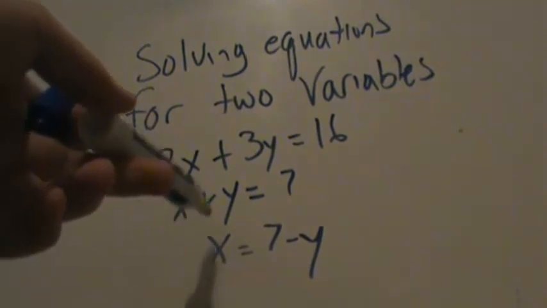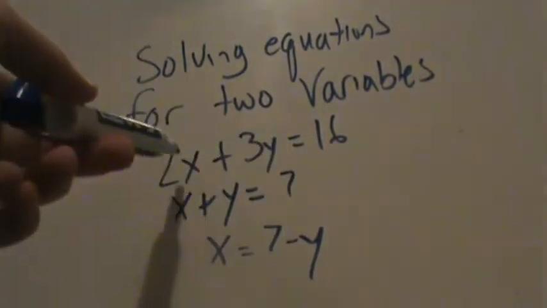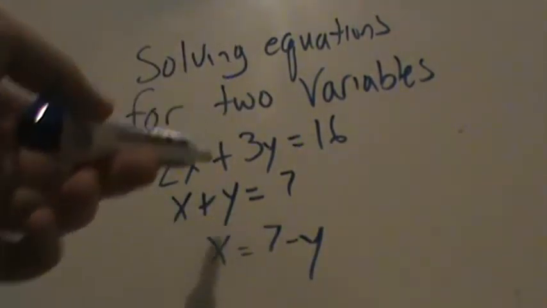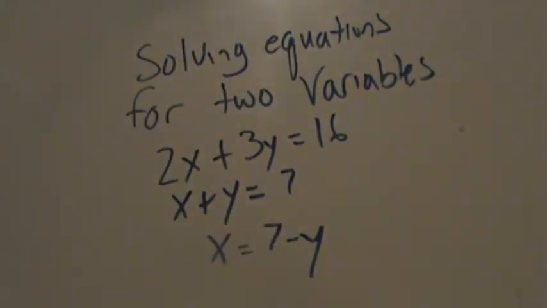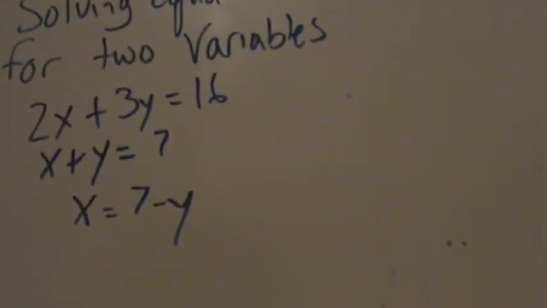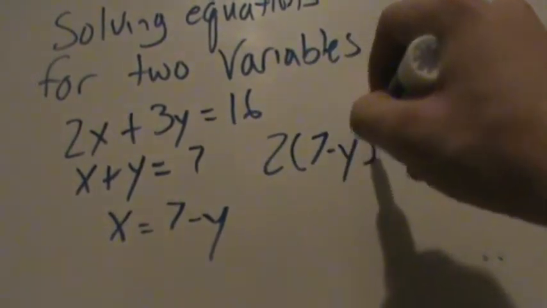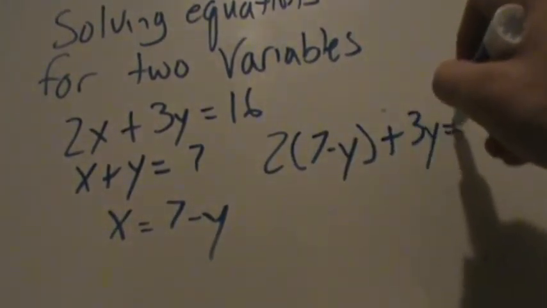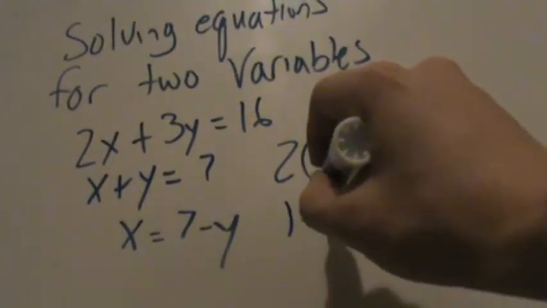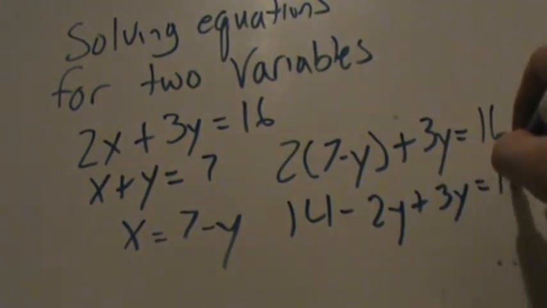If we plug 7 minus y in for x and multiply that out, it's now all in terms of y and constants, so we can actually solve it. So we know that 2 times 7 minus y plus 3y equals 16, right? And when you distribute, this is 14 minus 2y plus 3y equals 16.